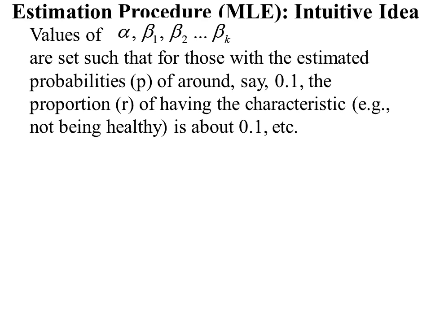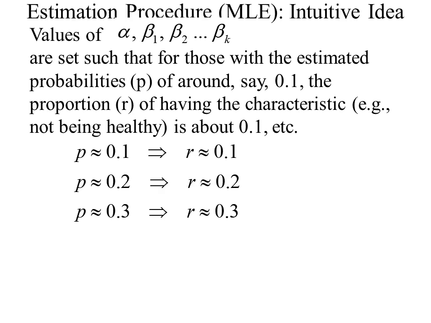Then, the proportion of those respondents who actually experienced the event, denoted as R, should be about 10% as well. Likewise, among respondents whose estimated probabilities are around 0.2, the proportion of those who experienced the event should be about 20%. And among respondents whose estimated probabilities are around 0.3, the proportion of those who experience the event should be about 30%. Let's check if this expectation is met in results of the logistic regression of self-reported general health.